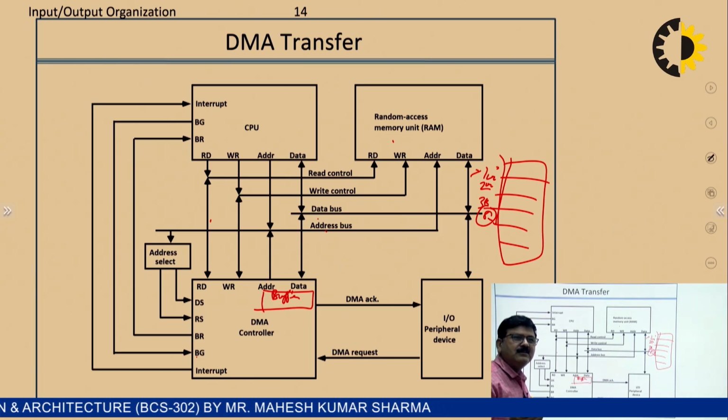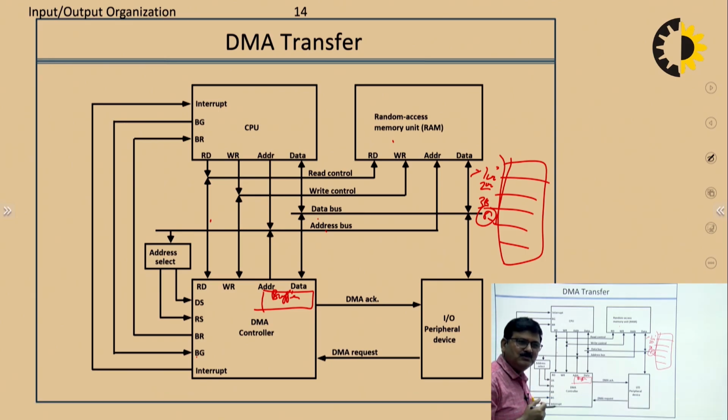Now take the control of the address lines, data lines, buses back. So immediately the grant permission is removed. Now BG becomes 0 and the acknowledgement signal is also finished. So this is the complete cycle of how the DMA works.